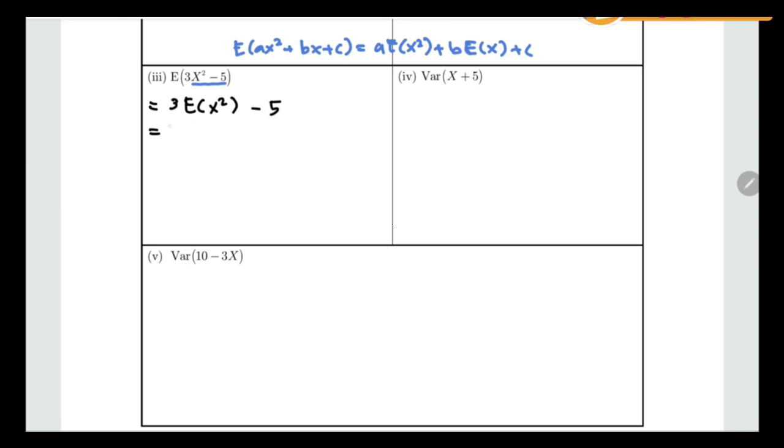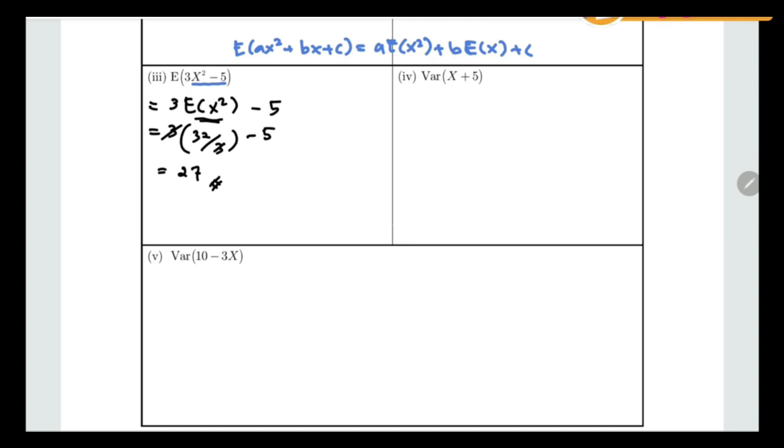Then we substitute the expected value of x squared. From part B, we already calculated it, which is 32 over 3. So minus 5. You just calculate, and at the end this 3 can be cancelled out. So 32 minus 5 will give you 27. Alright, we go for the next part.